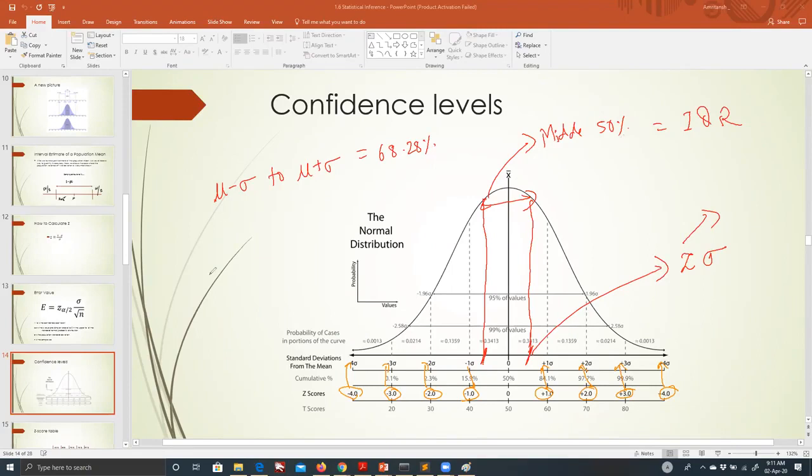So basically what we are aiming for here is, what is this value of z sigma which just covers the middle 50% only? So let's say you have an alpha here. What would be the alpha by 2 here? If you are covering the middle 50% only, how much area are you leaving out on both sides?